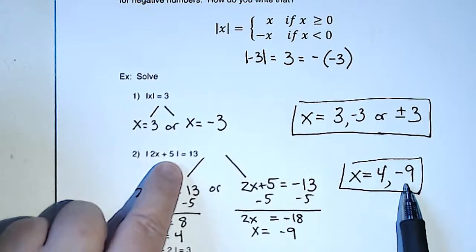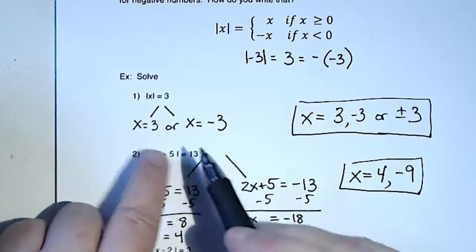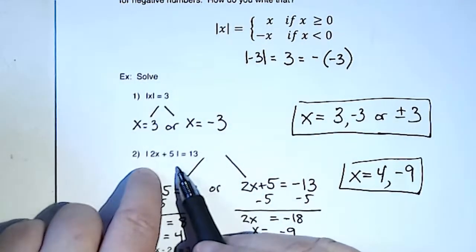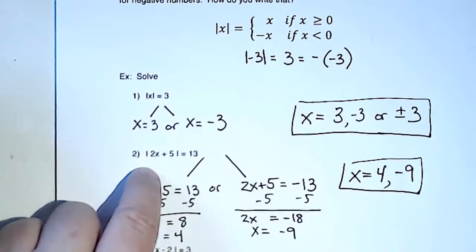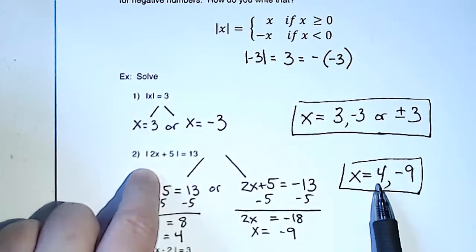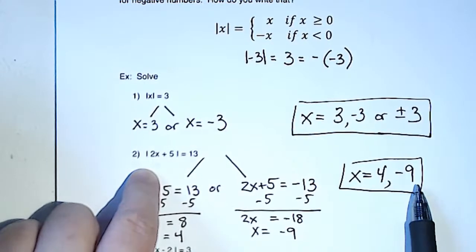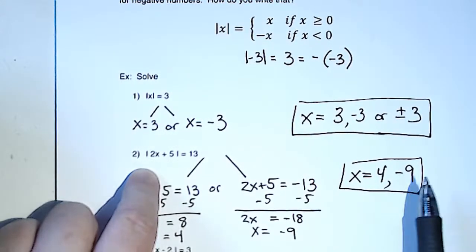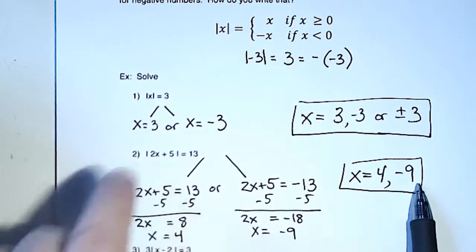And then I add 5, negative 18 plus 5 is negative 13. And then when I take the absolute value, I end up with positive 13. So in other words, I can come at it with a positive number or with a negative number. And because of the absolute value, each of these will give me the positive 13 I'm looking for.